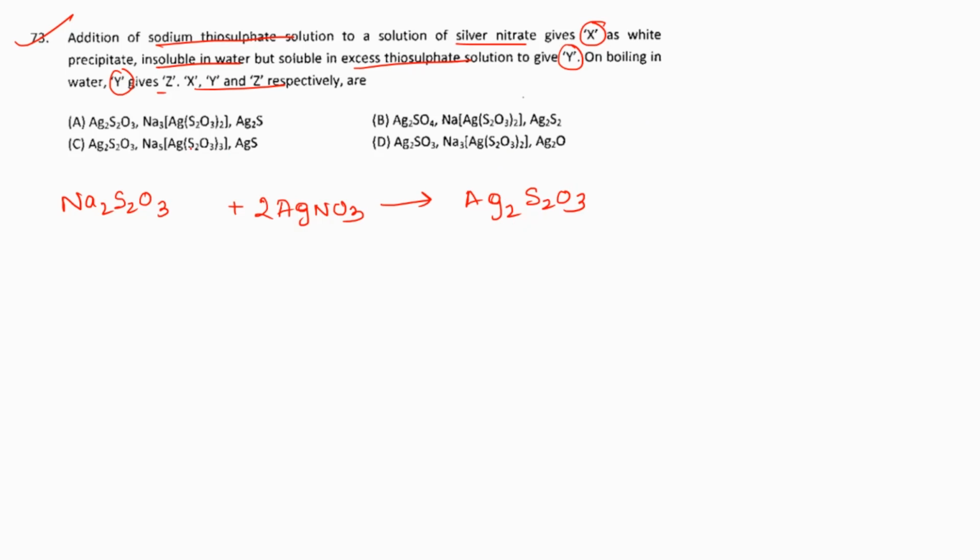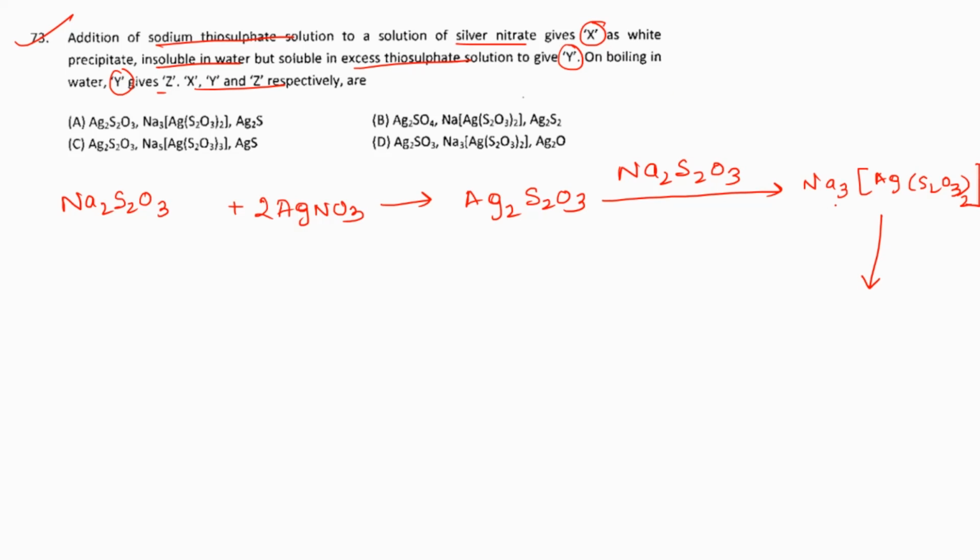Now this is soluble in excess thiosulfate, so when I give excess Na2S2O3, it dissolves to give Y. I am getting Na3[Ag(S2O3)2]. That's the Y product.